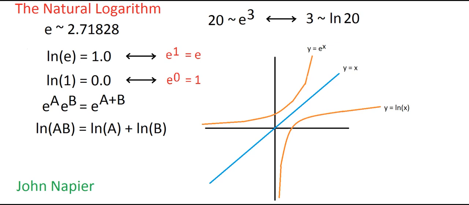Now, if I was going to multiply two numbers together today, I'd obviously just use my own computer or a pocket calculator. But back then, it was much harder to multiply numbers together accurately and quickly.